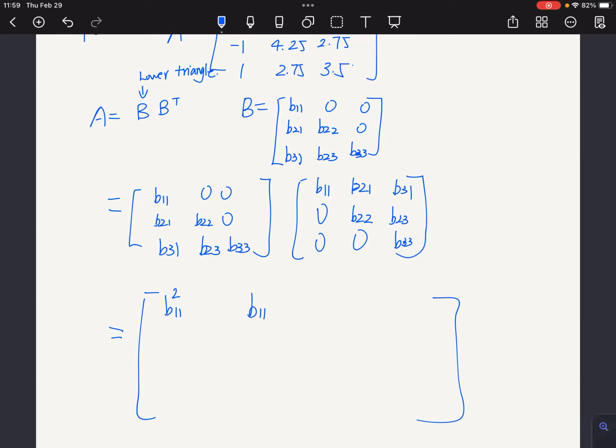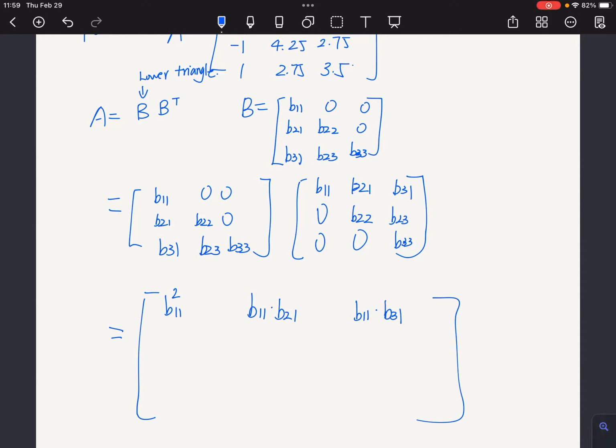You will have a similar thing for the first row, third column element, which is this row times this column, and we just have B11 times B31 remaining in the final result.